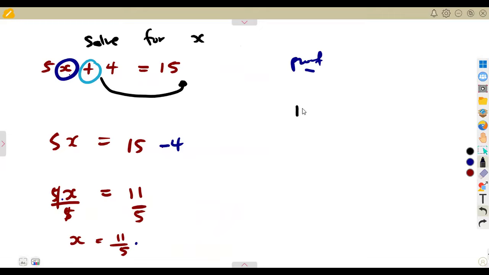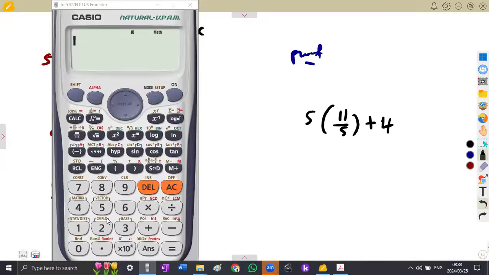It means we have 5 into x, where our x is 11 over 5. If we multiply 5 and 11 over 5 and we add 4, we must get 15. Is that so? That is the question. You can just use your calculator.